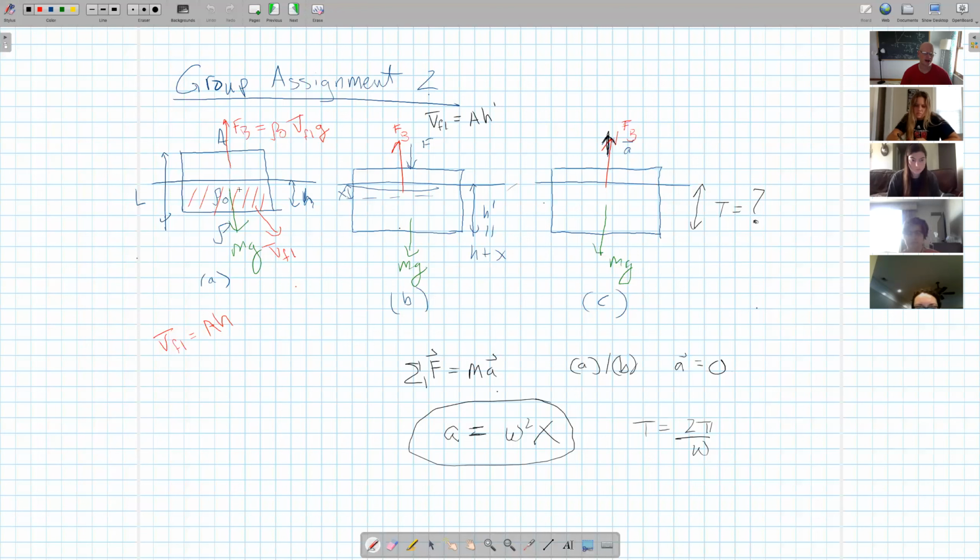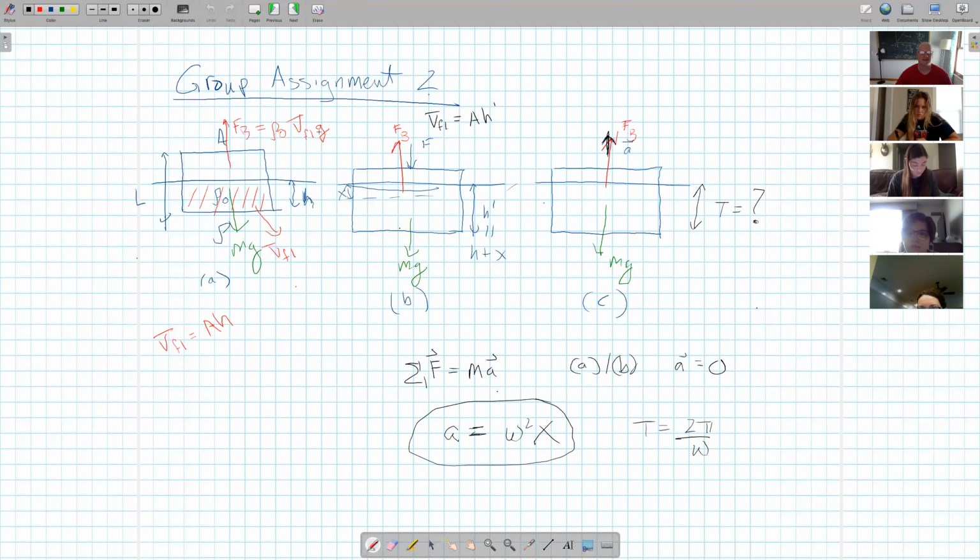So our free body diagram says we have weight pulling down, mg. We have a buoyant force pushing upward. Remember, buoyant force is the density of the fluid times the volume of the fluid times the acceleration due to gravity.